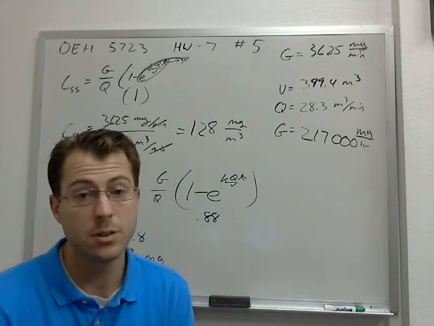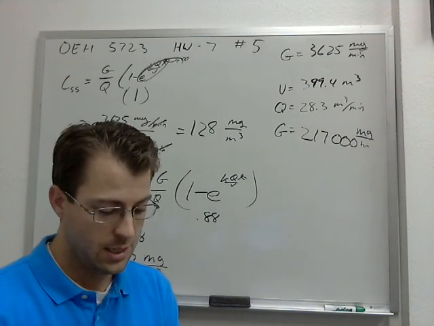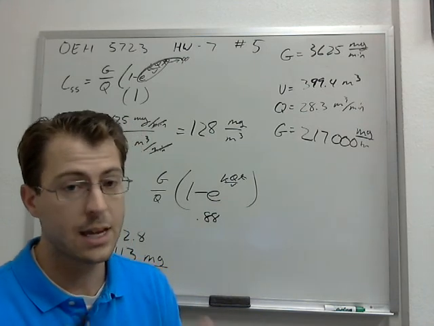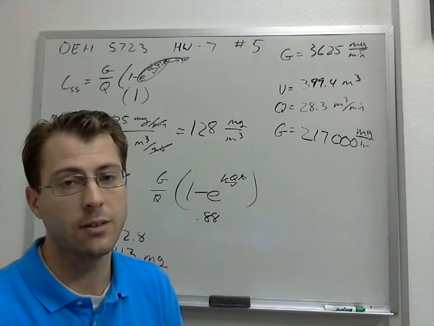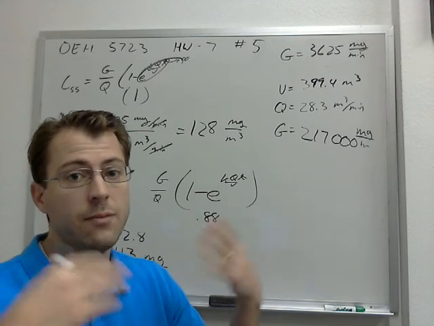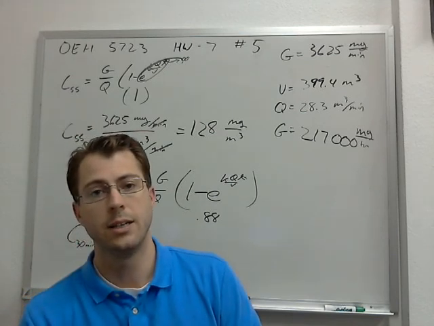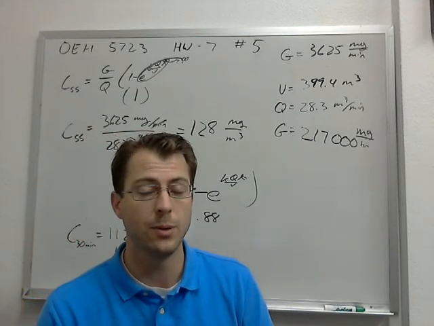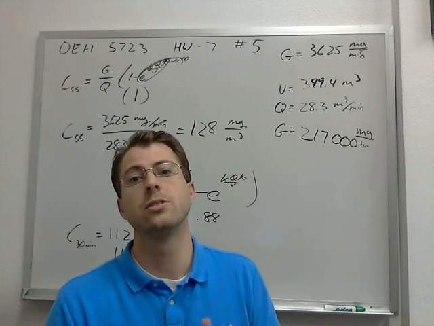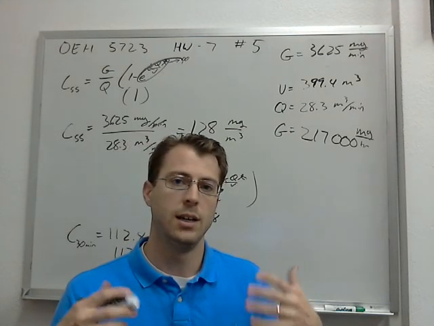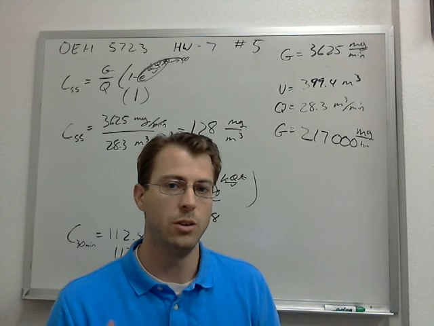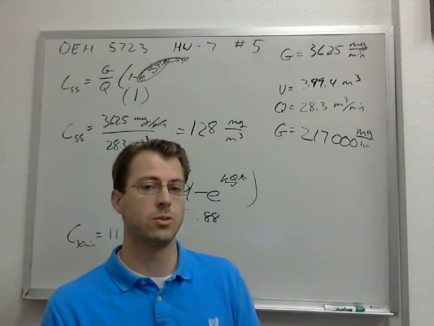So just because 88% of the way concentration-wise, that doesn't mean that it's 88% of the way time-wise. This is an asymptotic function, so it will take an infinite amount of time to truly reach steady state concentration. But from an exposure standpoint, when are you going to say, well, that's close enough that we can consider this a standard exposure or a regular exposure, a predicted exposure?